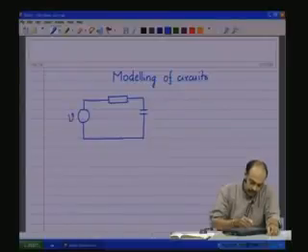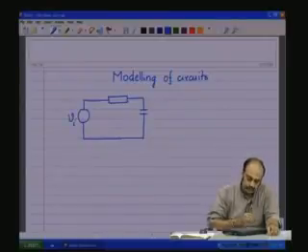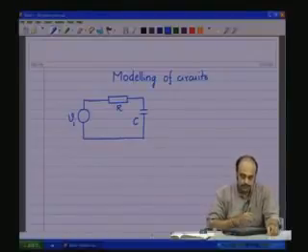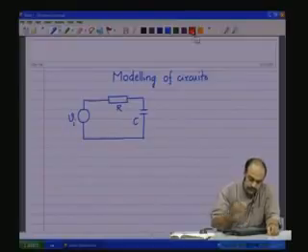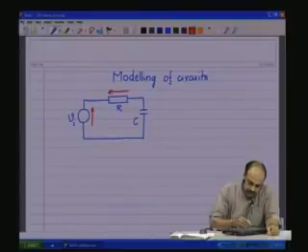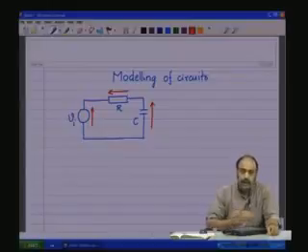The source has Vi, there is a resistance R and a capacitance C. The source has the voltage with the arrow direction as shown here, and the voltage across the resistance and the voltage across the capacitance are shown like this.